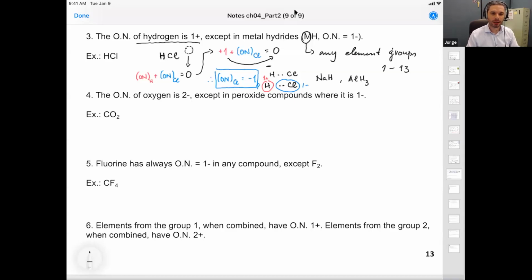So hydrogen always likes to lose the battle. So the oxidation state of hydrogen is 1 plus, except in metal hydrides and except when combined with another hydrogen. And that's rule number 3.